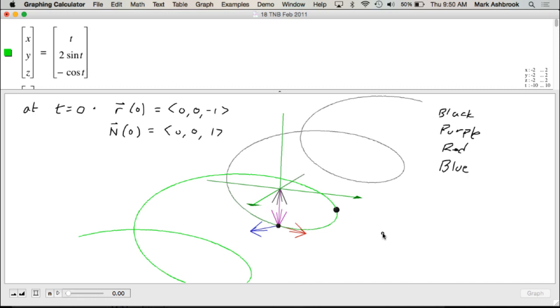So now, what about our unit tangent vector at 0 and our binormal at 0?